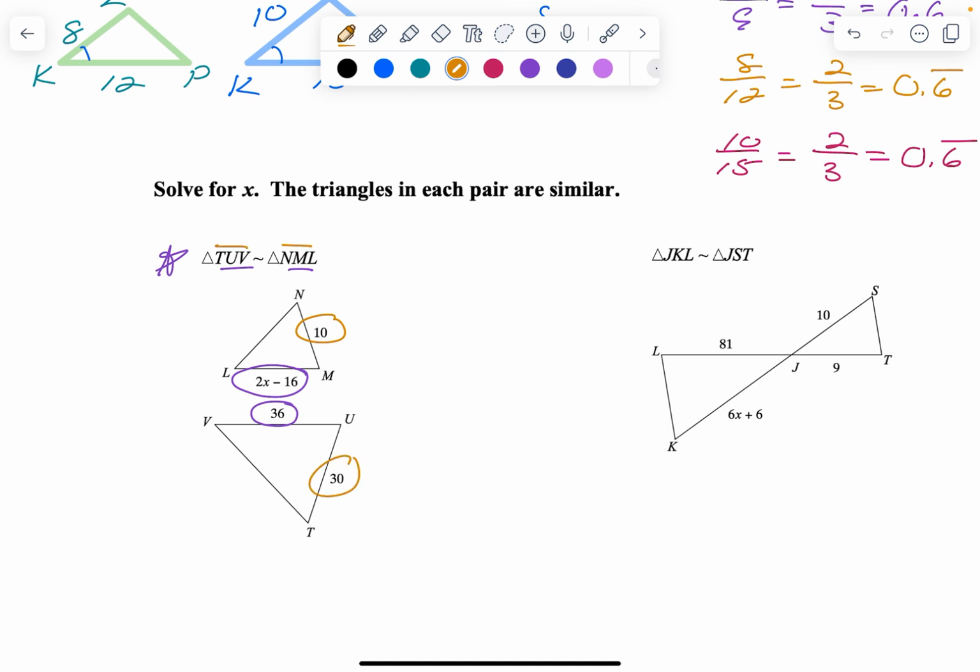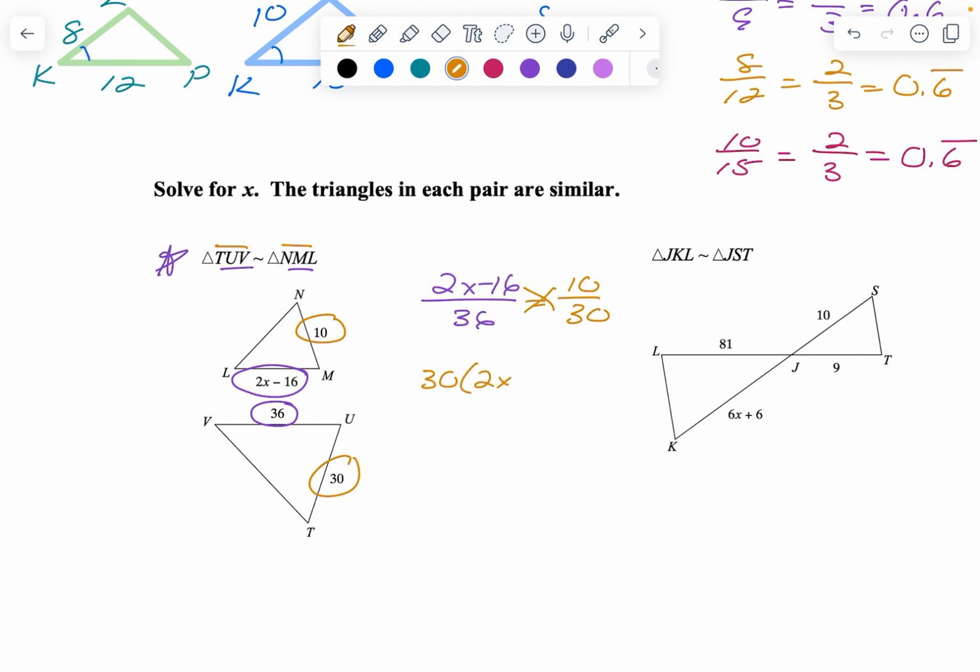Okay, so if we do purple over yellow, it would be 2x minus 16 over 36. Actually, we know the triangles are similar. We're solving for x. So this is how we're going to set it up. Equals 10 over 30. So this is like what we did in the first section, and we're going to solve it.